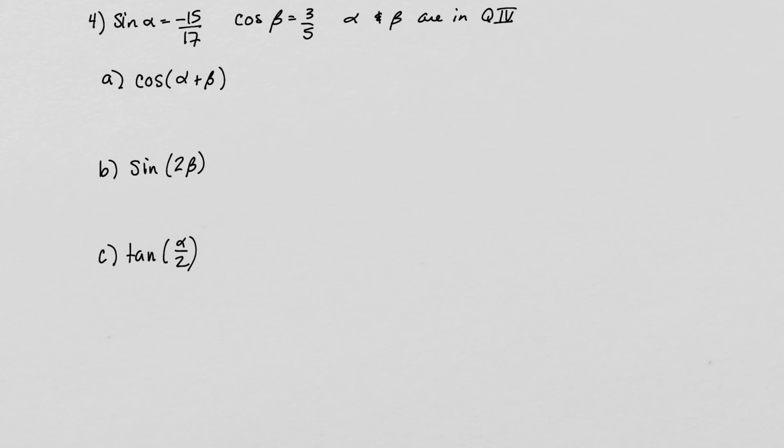So first off, these things here, cosine alpha plus beta, sine of 2 beta, tangent of alpha over 2, are all from that trig identity sheet. So off of the sheet, you can find the identity that says the cosine of alpha plus beta is the cosine of alpha, cosine of beta, minus the sine of alpha, sine of beta.